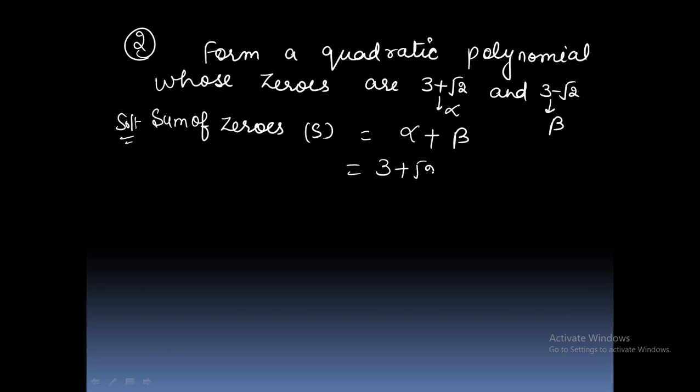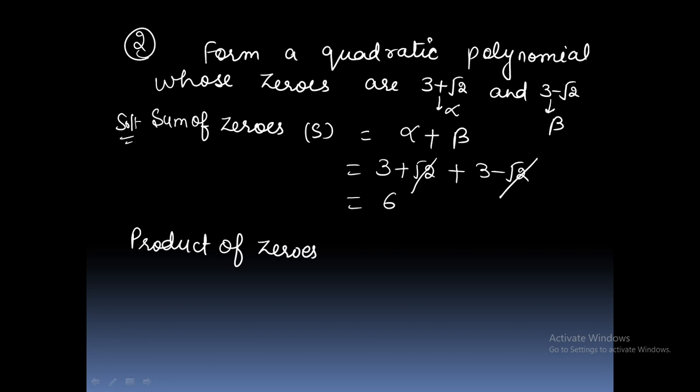3 plus root 2 plus 3 minus root 2. Root 2 and minus root 2 cancel, and 3 plus 3 is 6. This is the sum of zeros. Now the product of zeros, p is equal to alpha beta.